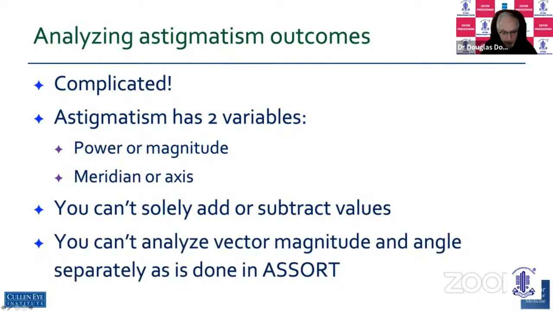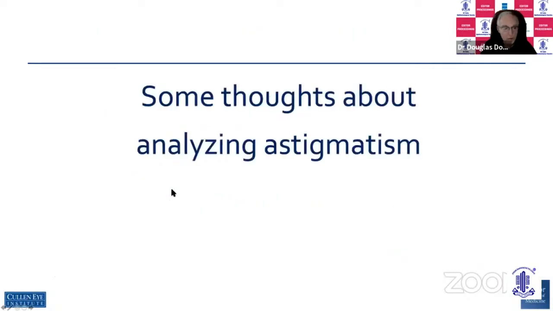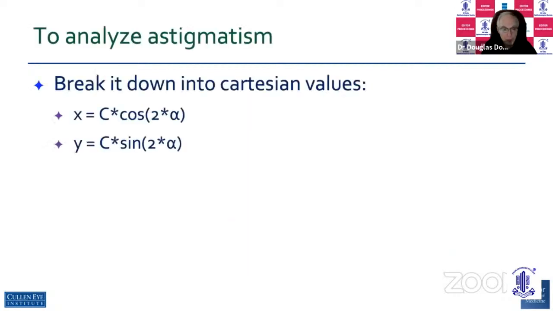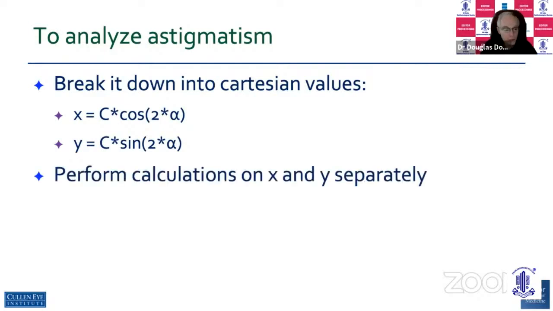You can't analyze vector magnitude alone, and you can't analyze vector angle alone, as is done in a program like a SORT. You have to combine them, because if you don't use the two variables together, you can get misleading results. So you can't oversimplify it. When you analyze astigmatism, we break it down into two variables, the X and Y components.